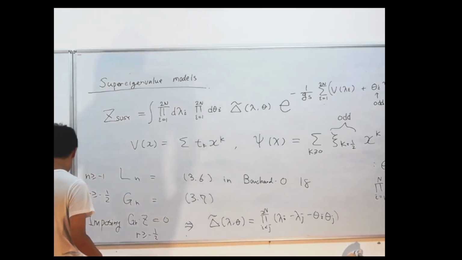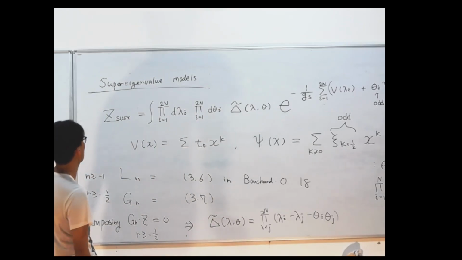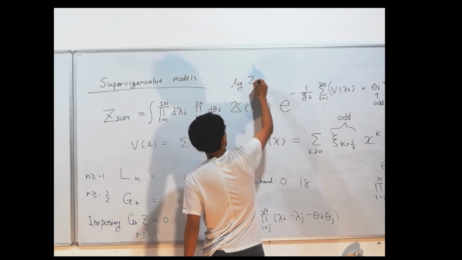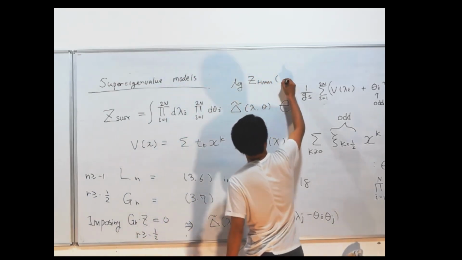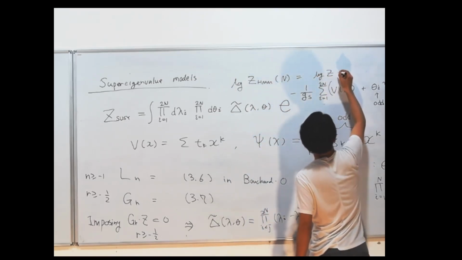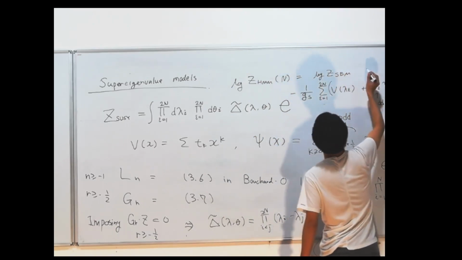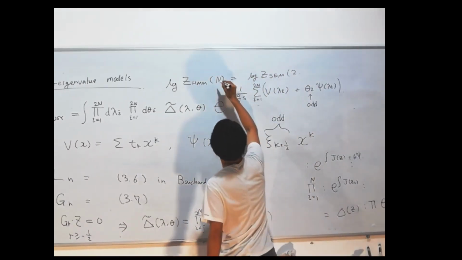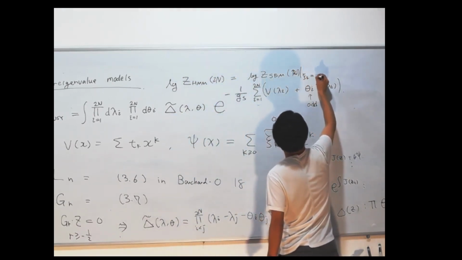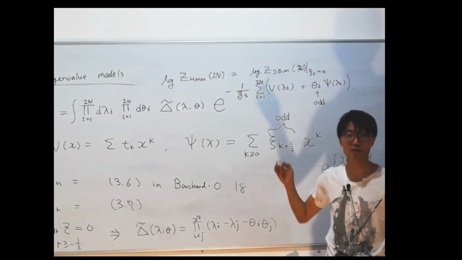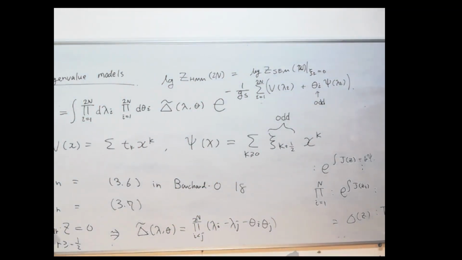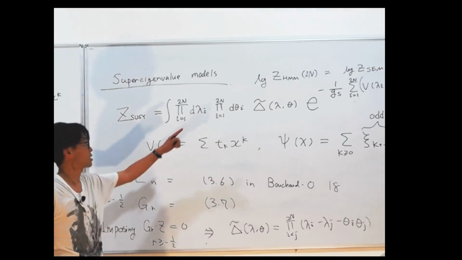You can actually show that, roughly speaking, if you take the log of the partition function of a Hermitian matrix model of size n, it relates to a super eigenvalue model of size 2n, such that all epsilons are 0, modulo some parameter that I don't remember. But this is a very special example. In the NS sector this works; if you think of the Ramond sector, that doesn't happen anymore.